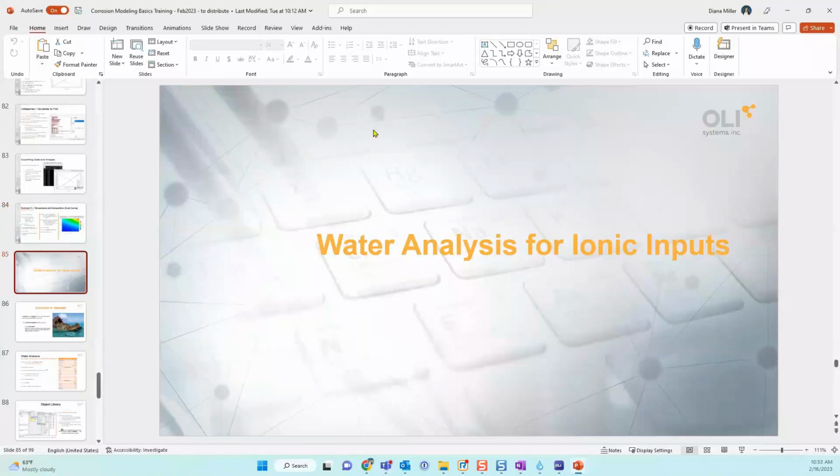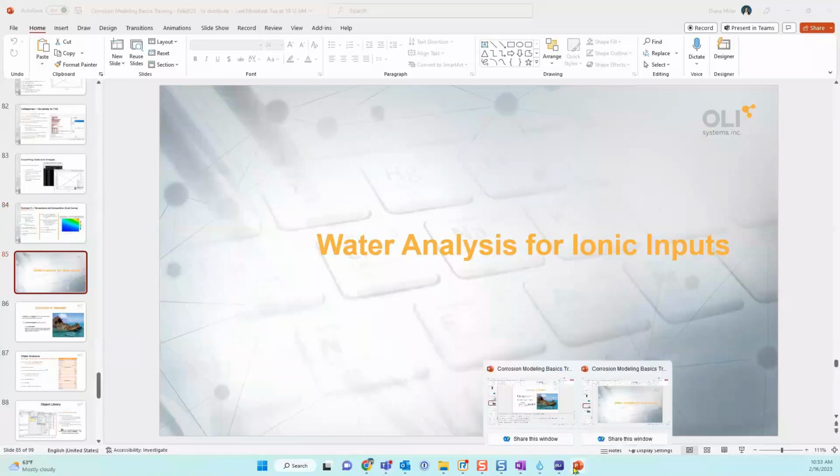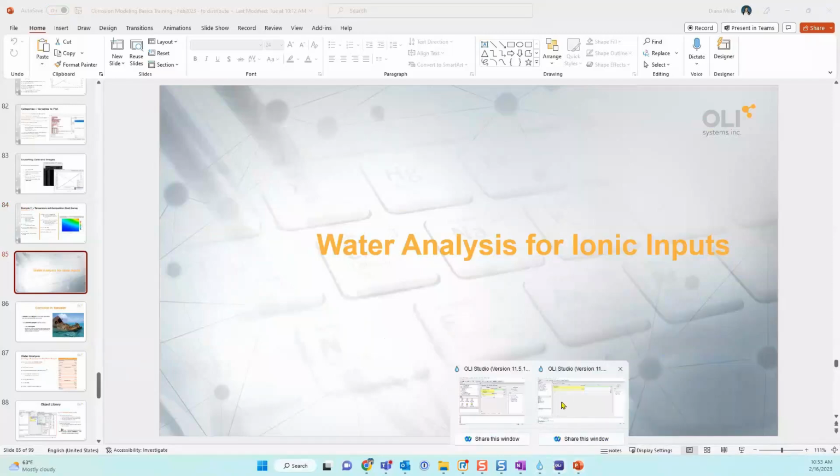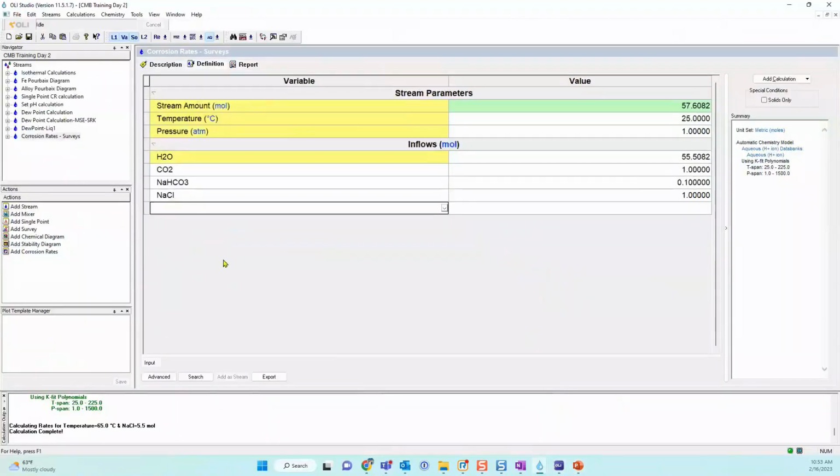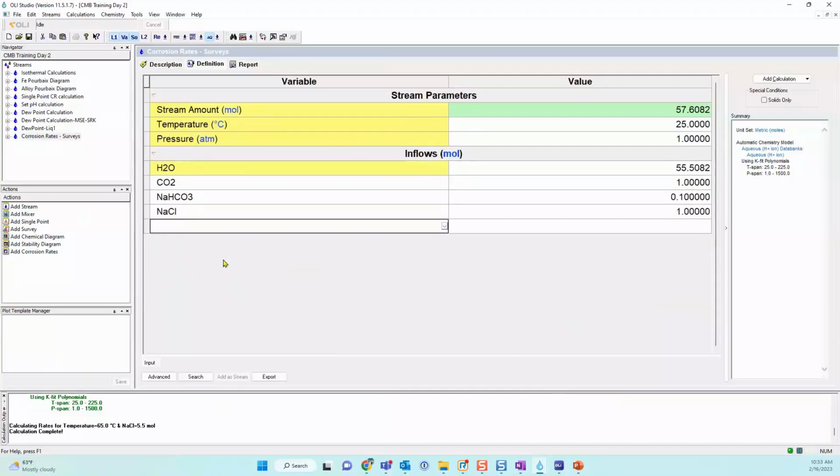So far, using the software, we have been entering data as a molecule, like all the chemistry is a molecule. So we say CO2, in this case, sodium bicarbonate, sodium chloride. We never enter any type of ion.